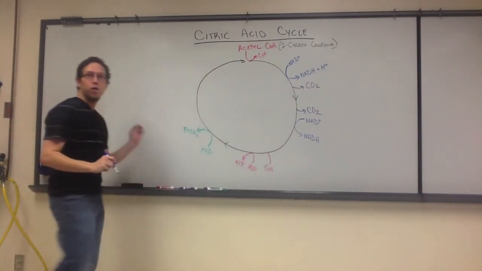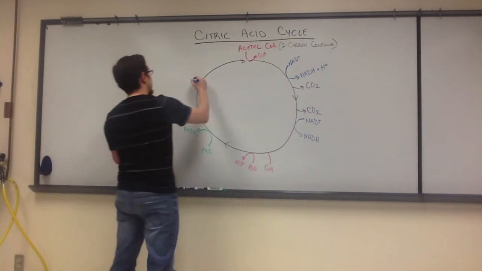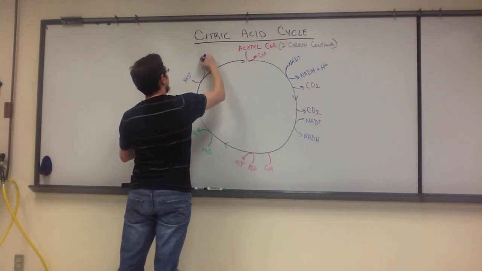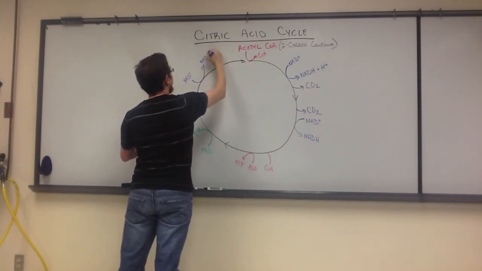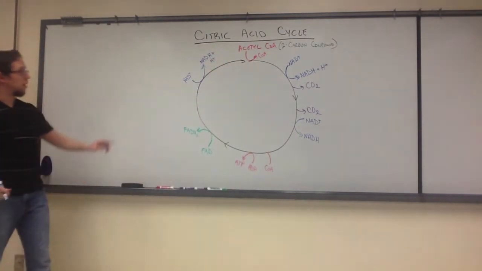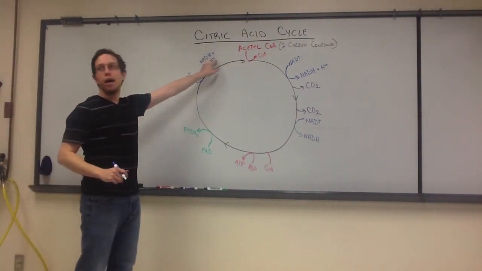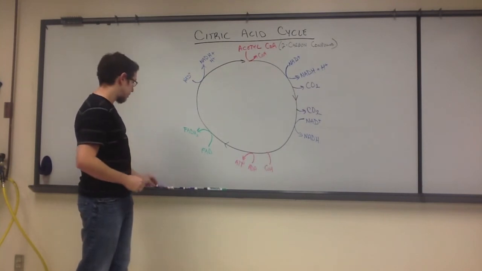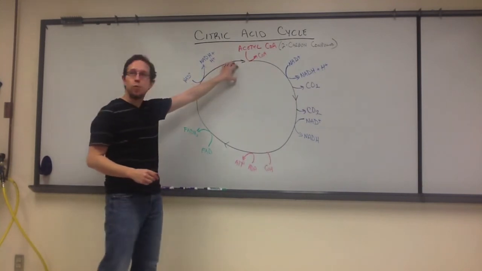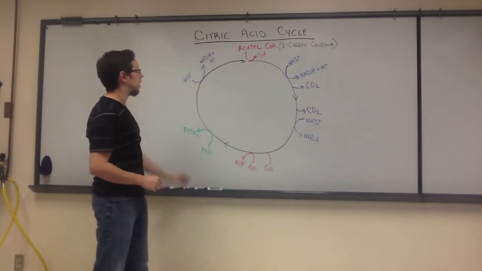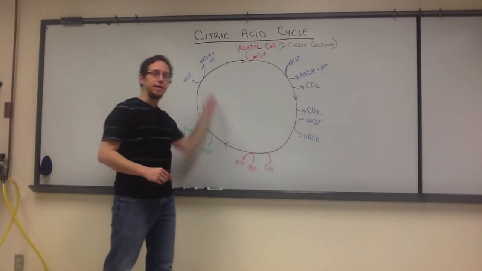And then there is a final oxidation and reduction event where NAD plus is again reduced to NADH and a proton. So this is the cycle. At this point in time, we've now generated oxaloacetate, which is our 4-carbon compound, and we can again repeat the cycle.